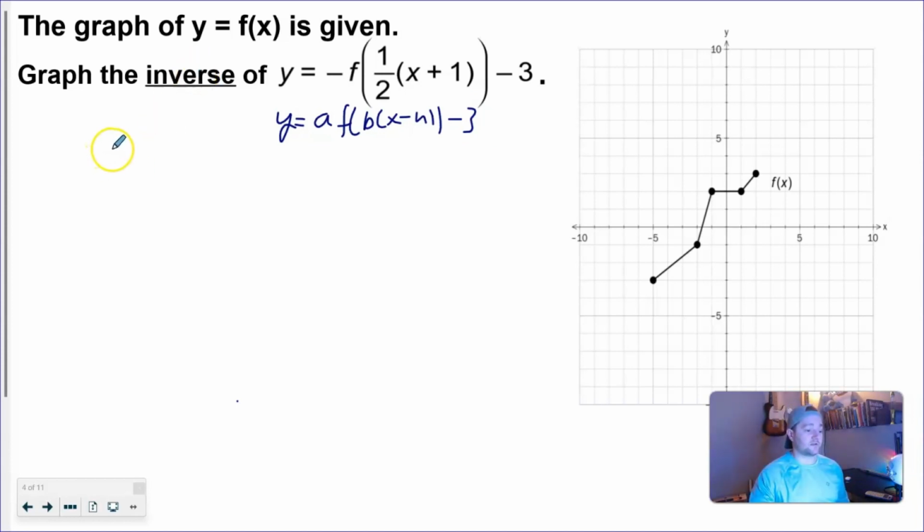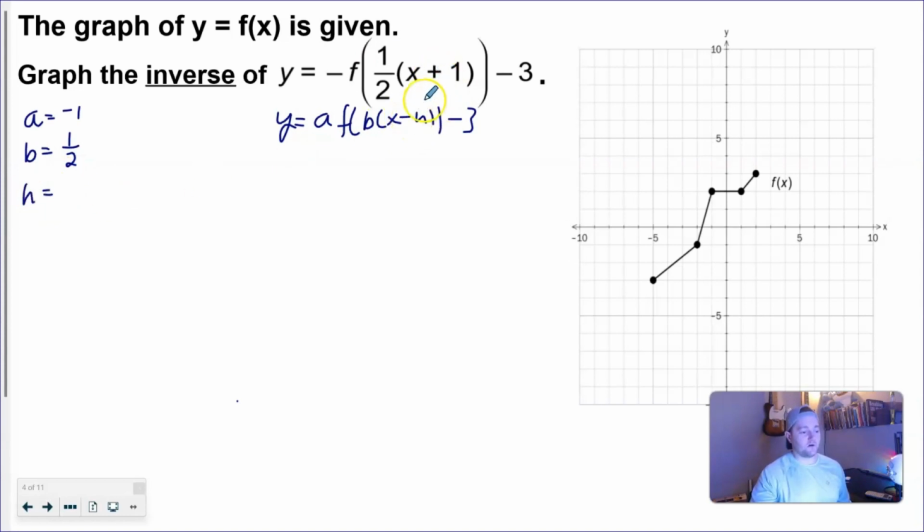All right, so the next thing is let's list out the values, basically just comparing them. I've got a negative here where the a should be, so my a is -1. Then my b value is right here, so b is 1/2. The thing you need to remember about your h value is that it's always the opposite.